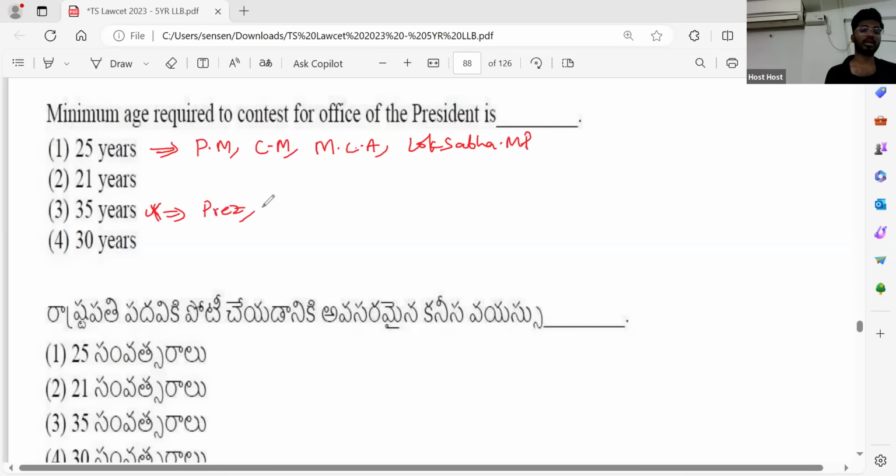President, Vice President, Governor. 30 years for Rajya Sabha MP and for Member of Legislative Council, that is MLC.